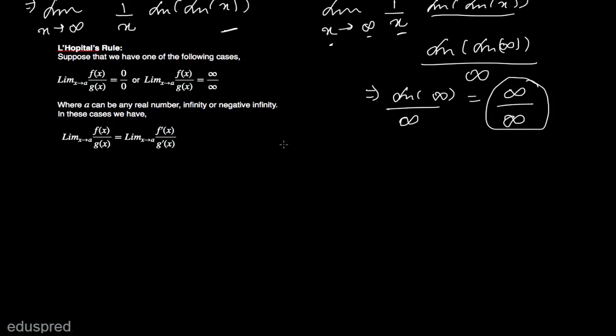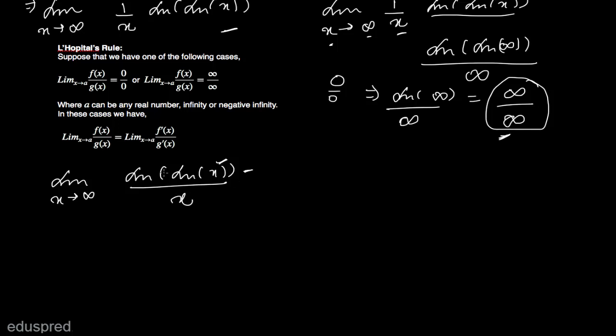So if you see the form 0 by 0 or infinity by infinity, you differentiate your numerator and also your denominator and then put in your limits. Using this, we knew that our exponent was of the form limit x tends to infinity ln of ln x divided by x. Here f(x) is ln of ln x and g(x) is x.